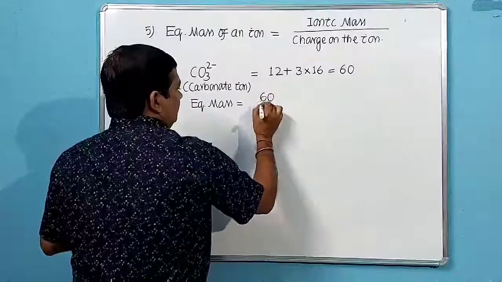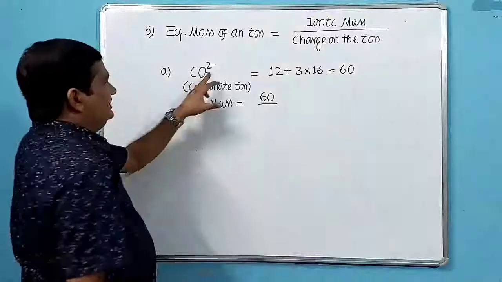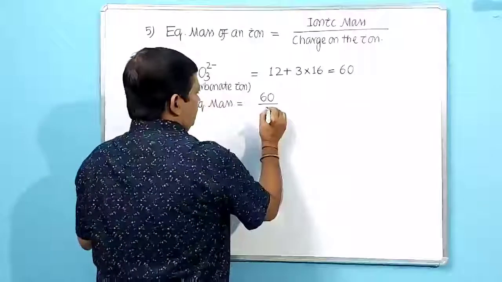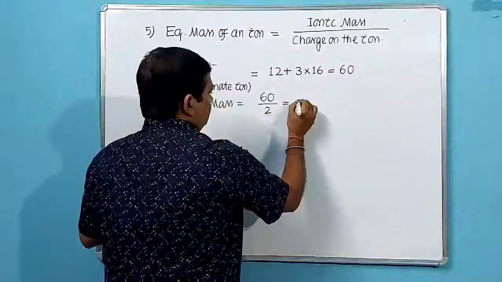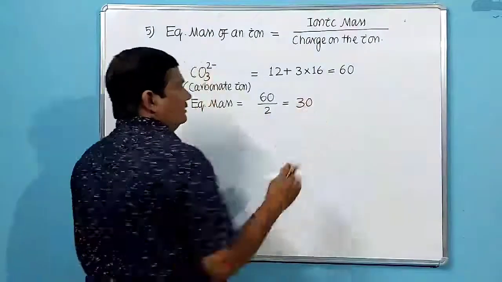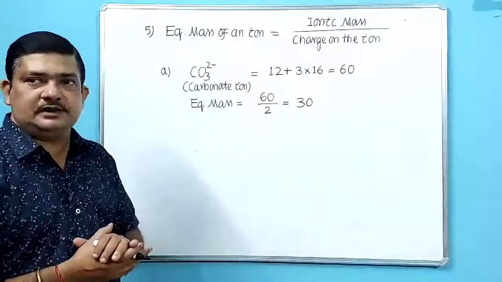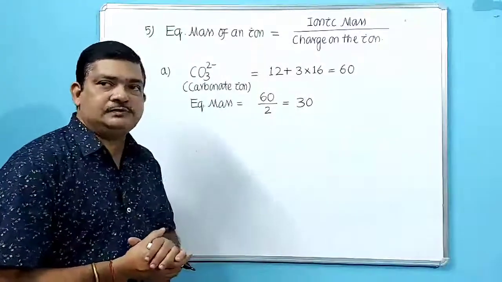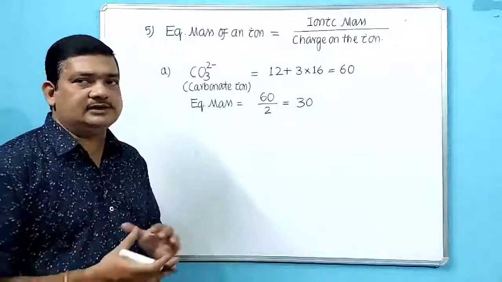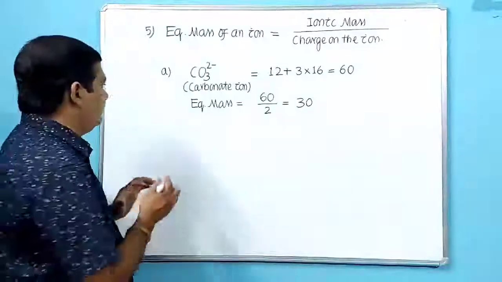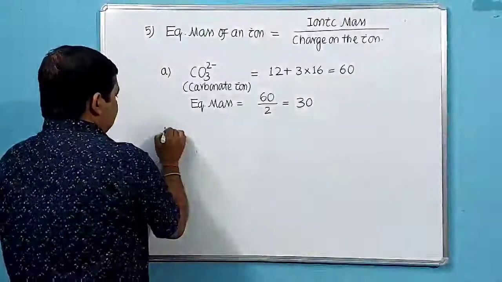Ionic mass, that is 60, divided by, what is the charge on the ion? Clearly visible, it is 2. So 30. Whether it is positive or negative does not matter. The magnitude of charge you have to divide. Whether positive or negative does not matter.